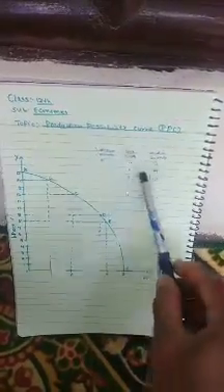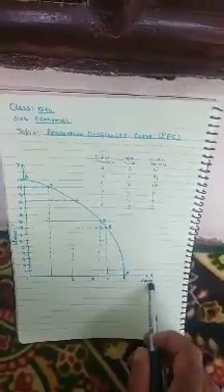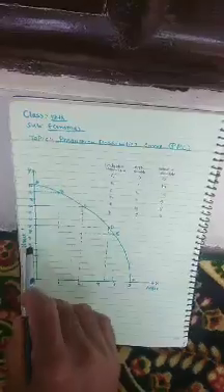Dear students, we shall now illustrate the concept of PPC, that's production possibility curve, with the help of table and a diagram, as you see here on this piece of paper. Dear students, on x-axis we consider apple in quintals, and on y-axis we have shown wheat in quintals.